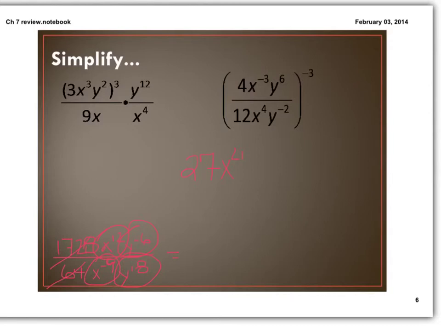So that would be negative 6 plus another negative 18, which would be y to the negative 24th. So then I can simplify that by, again, taking this and putting it in the denominator. My final answer would be 27x to the 21st power over y to the 24th power as my final answer.